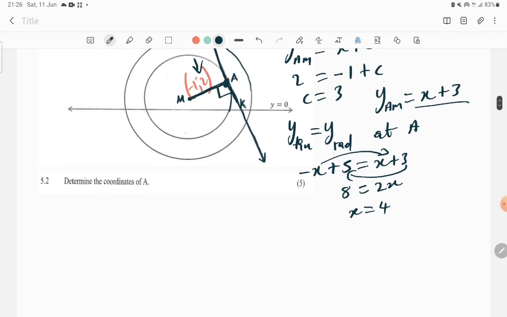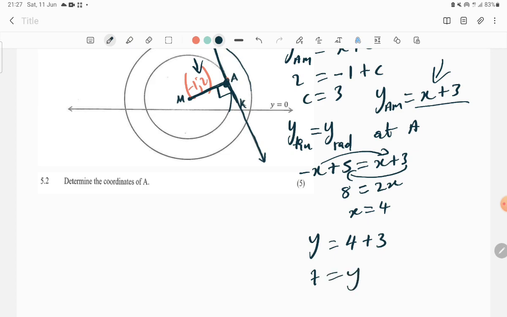After that, we can use any of these equations, let's use this one: y is equal to x plus 3. In the place of x we put 4, plus 3. Then we get 7 as the value of y.